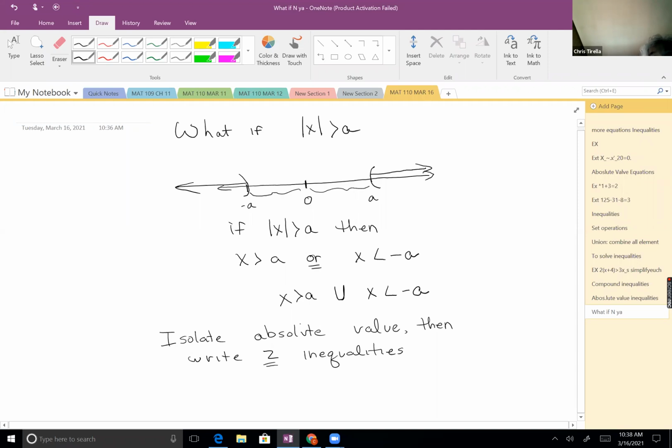One where x is greater than a, and one where x is less than the opposite of a. So let's look at a couple of examples of these.